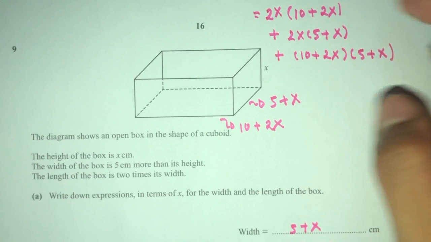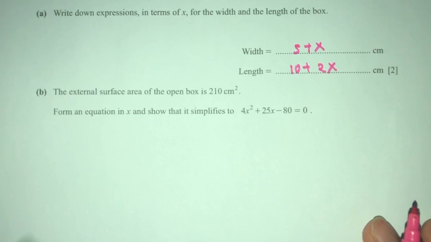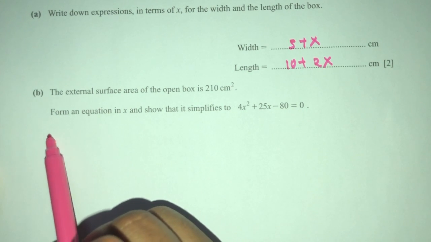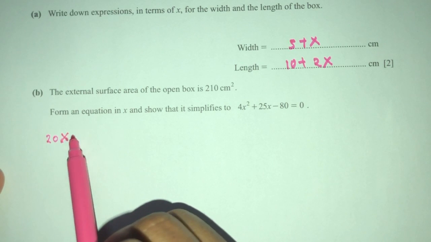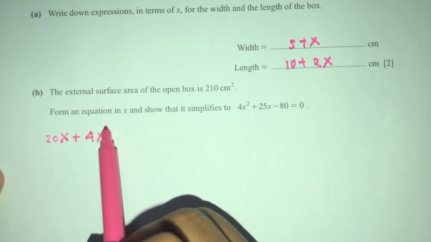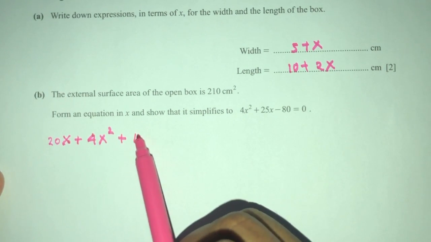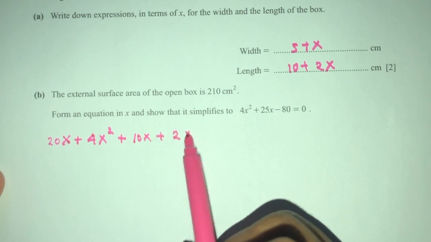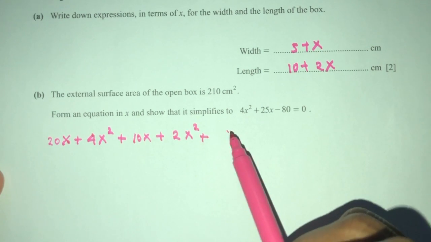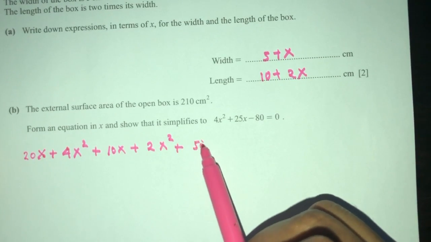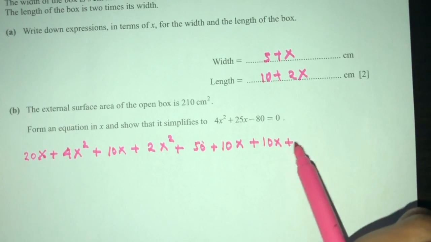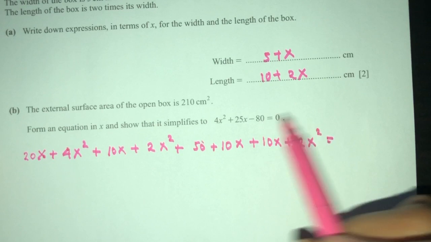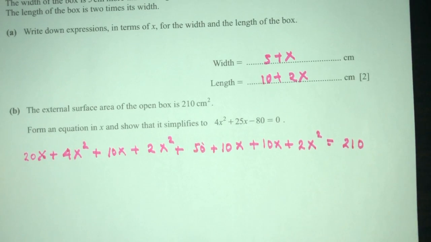Now we have to simplify all this one by one. Let me write this down. If I expand, you will have 20x plus 4x squared plus 10x plus 2x squared. Plus, expand this one as well: 50 plus 10x plus 10x plus 2x squared, and this is equal to 210 as given by the question.